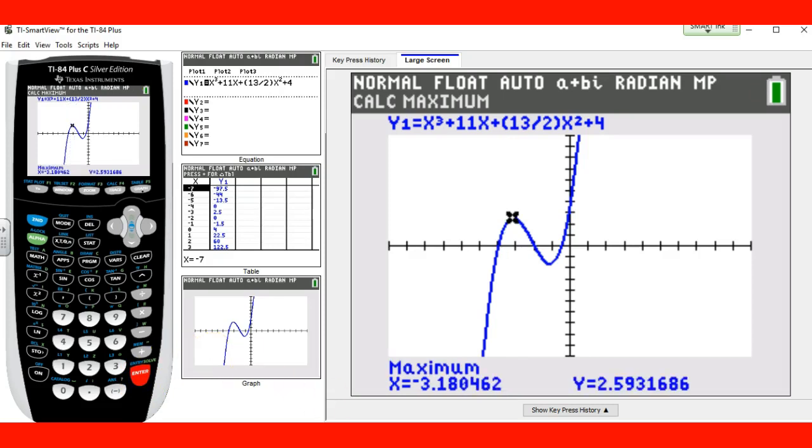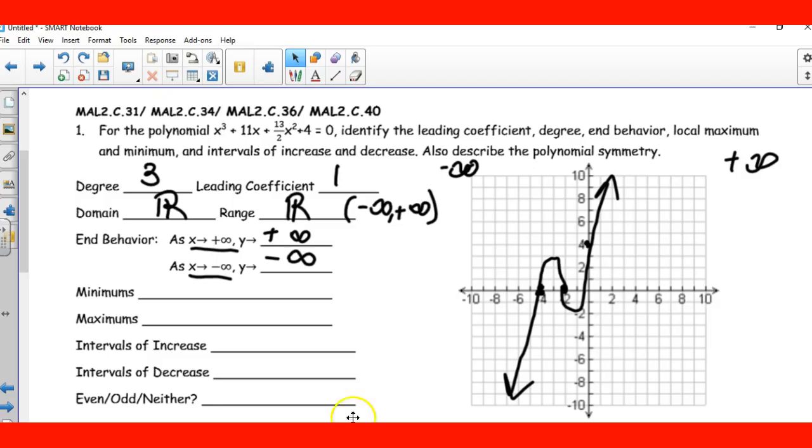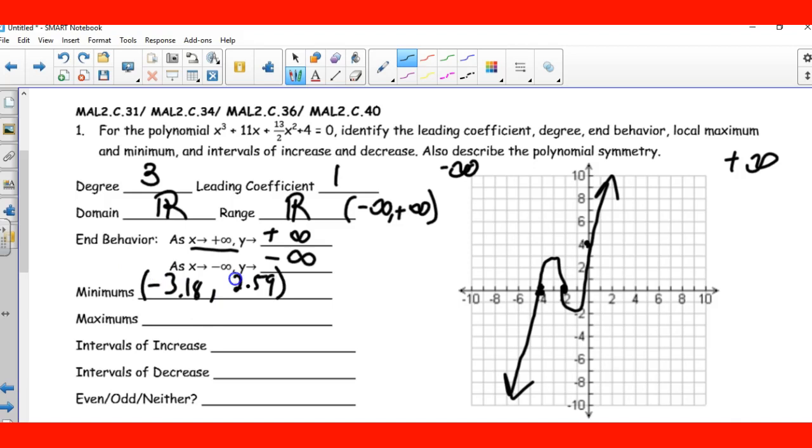There's our maximum right there. We have -3.18, 2.59. That's our maximum.